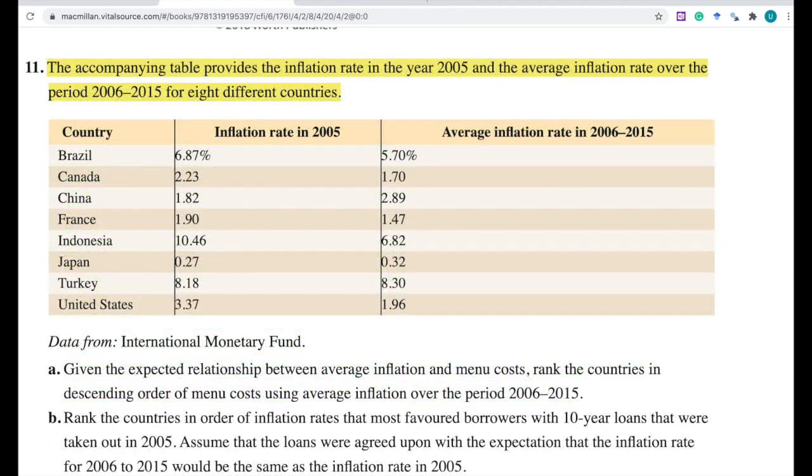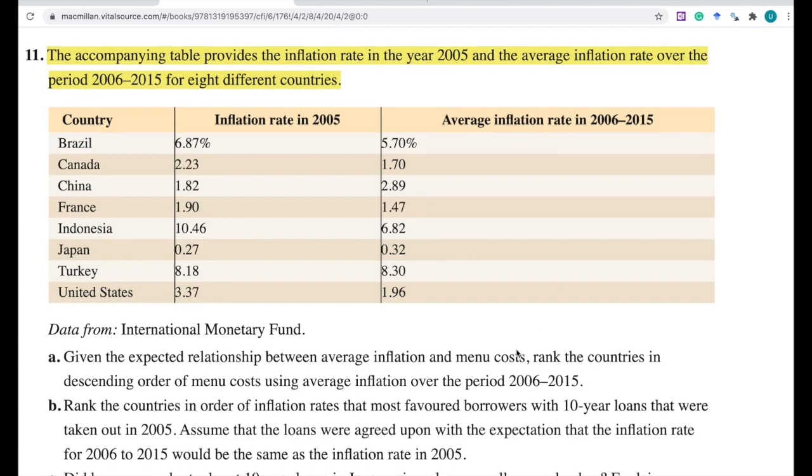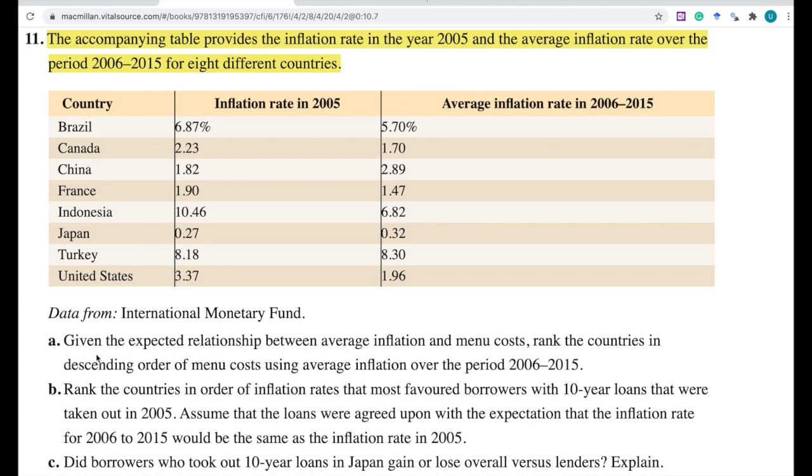It gives us inflation data about different countries. We have the inflation rate in 2005 for all of them, as well as the inflation rate between 2006 and 2015. In A, it says, given the expected relationship between average inflation and menu cost, rank the countries in descending order of menu cost using average inflation over the period 2006-2015.